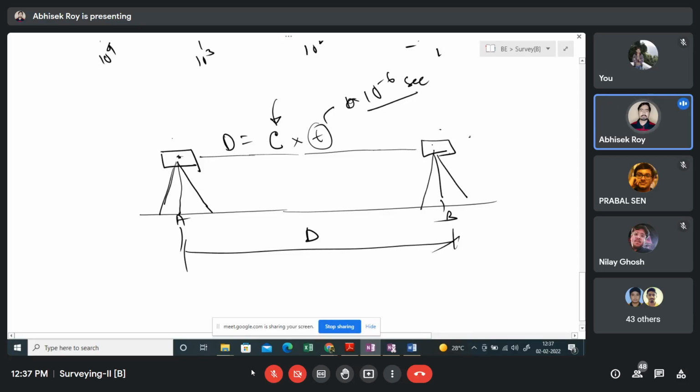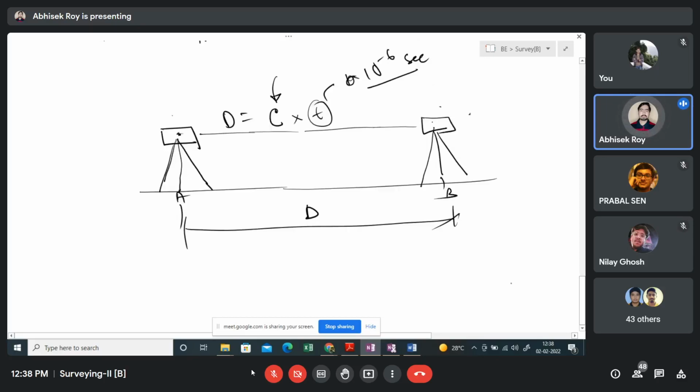In the very advanced EDM instrument, even T can go below this 10 to the power minus 6, so that you can measure very small distances also. So these T measurements will be very difficult.